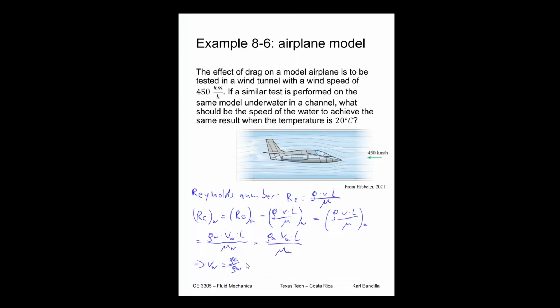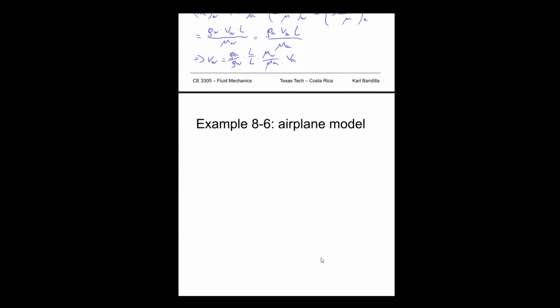Then we divide by L, so L divided by L cancels out. Then we multiply by the viscosity of water, and of course, let's not forget the velocity in air. The L's cancel out, so it doesn't matter what the length scale is.